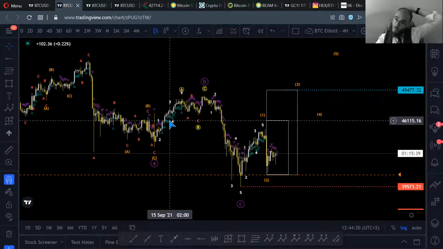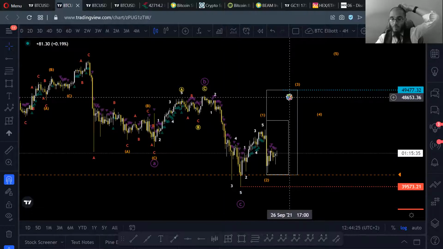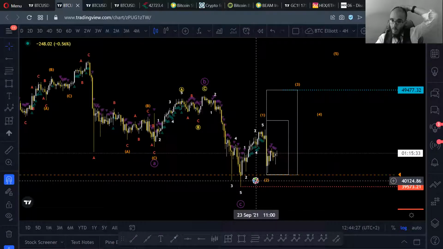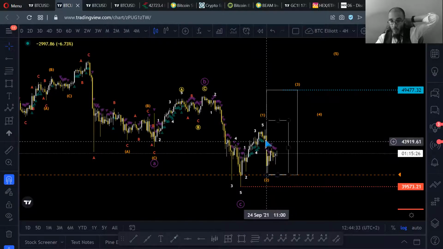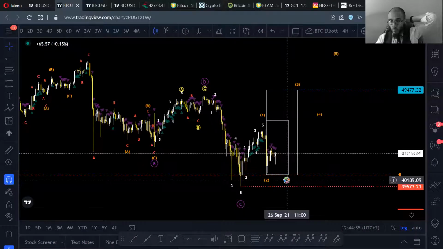So for tomorrow, I hope that the third wave will develop and we will be higher again, if everything goes right. If not, and we break wave 2, then is it over? Well, maybe it's over.